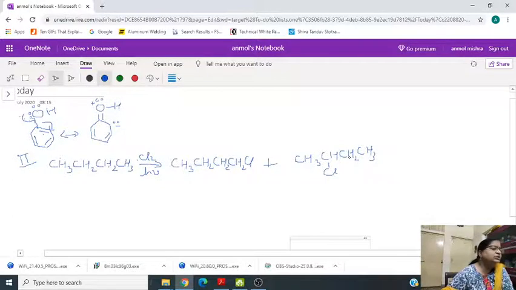So this method is not a preferable method because in this method we get a mixture of haloalkanes. So this method is not used.